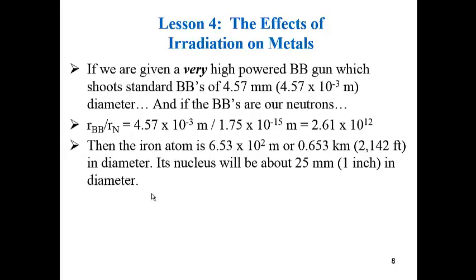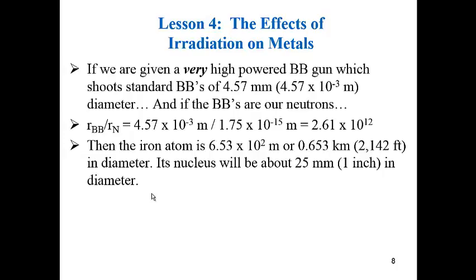Picture that. We're shooting BBs at it at very high velocity, and the nucleus of this iron atom is only an inch in diameter. So we have this very large sphere, 2,000 feet in diameter, with a 1-inch nucleus at its center. And we have to hit the nucleus with the BB in order to cause an interaction.